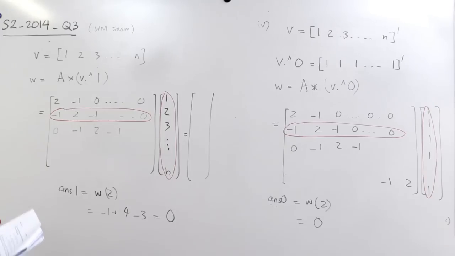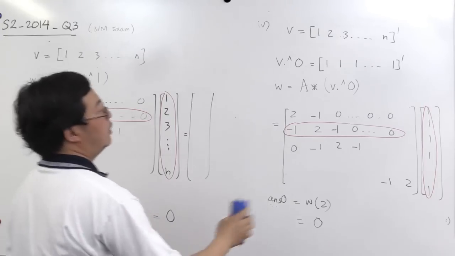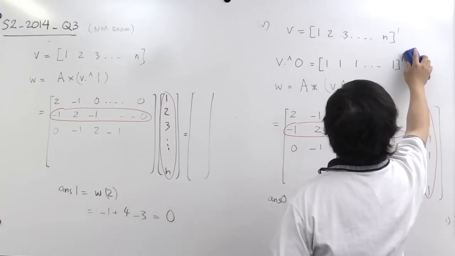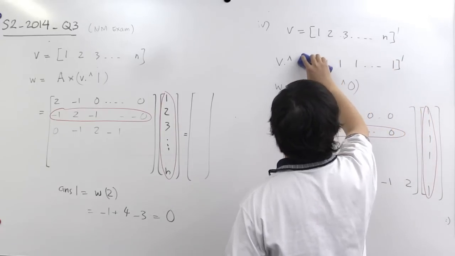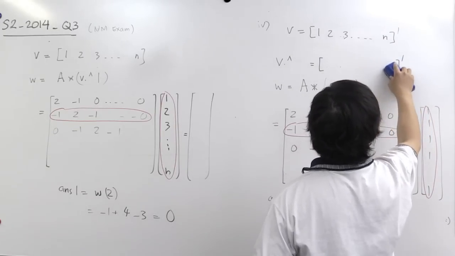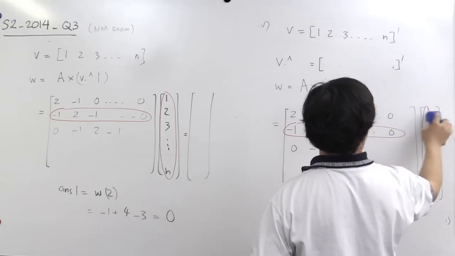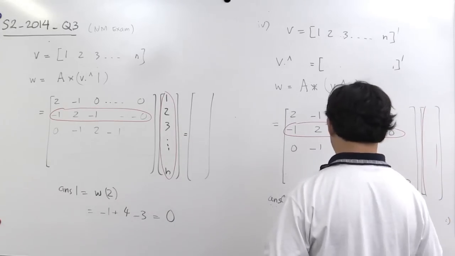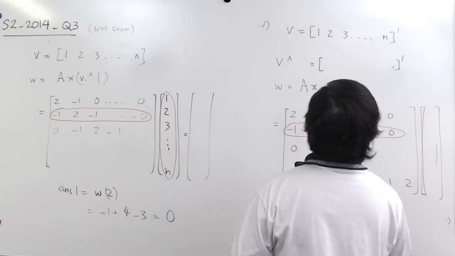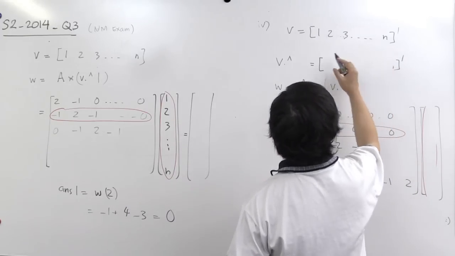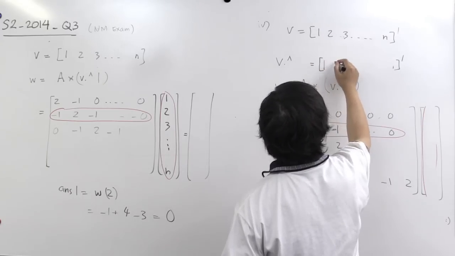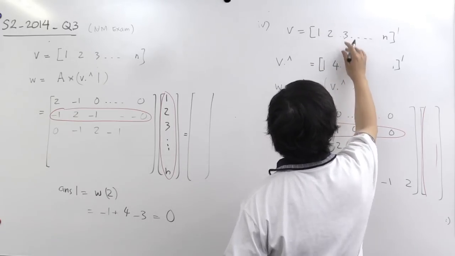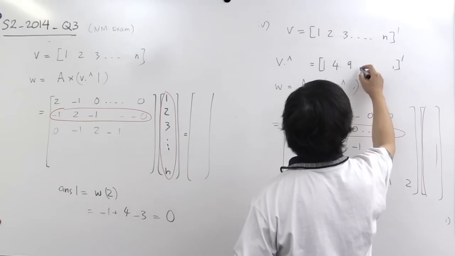Similarly, the last bit is you take V to the power 2. I reuse this one, but I just change it to the power 2. So I have 1 squared, just 1, 2 squared, just 4, 3 squared, just 9, and so on.